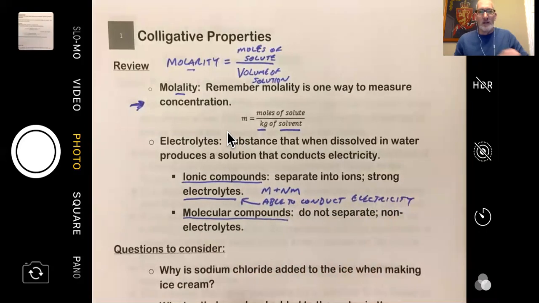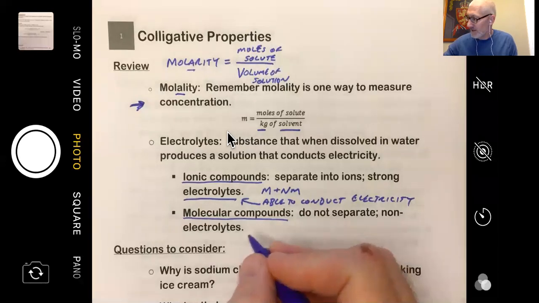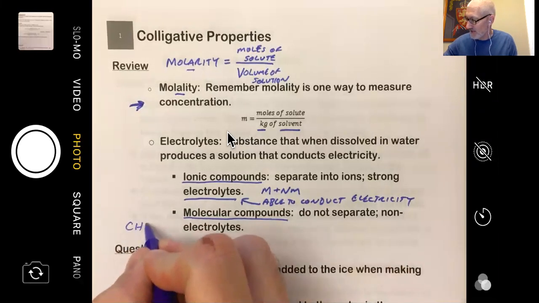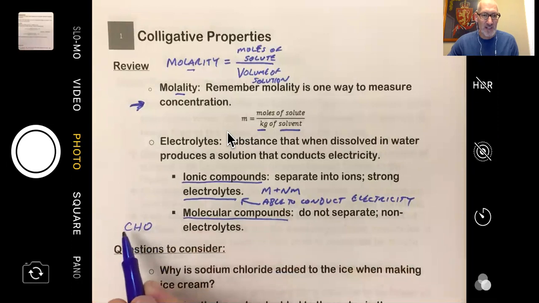So when you dissolve an ionic compound, say salt in water, the water takes the Na and the Cl and separates them apart. And now instead of having just one NaCl molecule, you have an Na ion and a Cl ion. Now a molecular compound is like sugar. You've got carbons and hydrogens and oxygens, and that is most definitely not ionic.